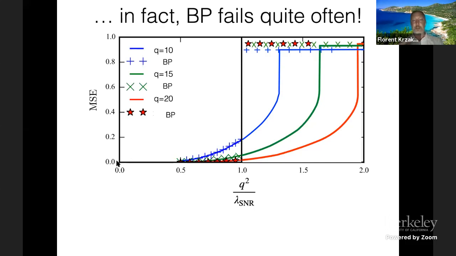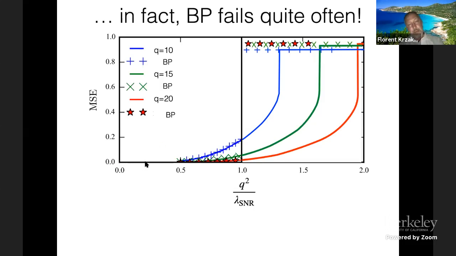So when you increase the noise or the inverse SNR, what happens is that, well, you go from 0 error to a finite error. And at some point, you get what you have here, which is what you will get by a random guess. Okay? So the line here is what we should get information theoretically. Here, note that I'm not plotting 1 over SNR, but Q square over SNR. Why?